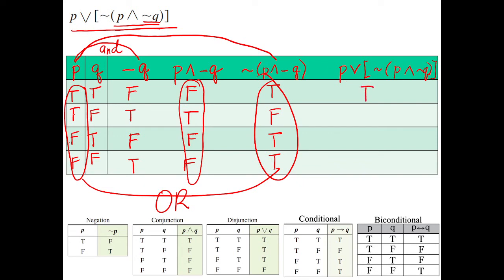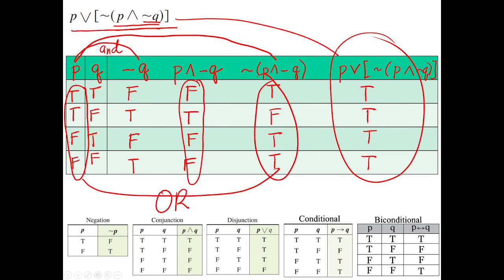True. True or false? True. False or true? True. False or true? True. This is what you call a tautology. Now, if the column is all false, that is what you call a contradiction.